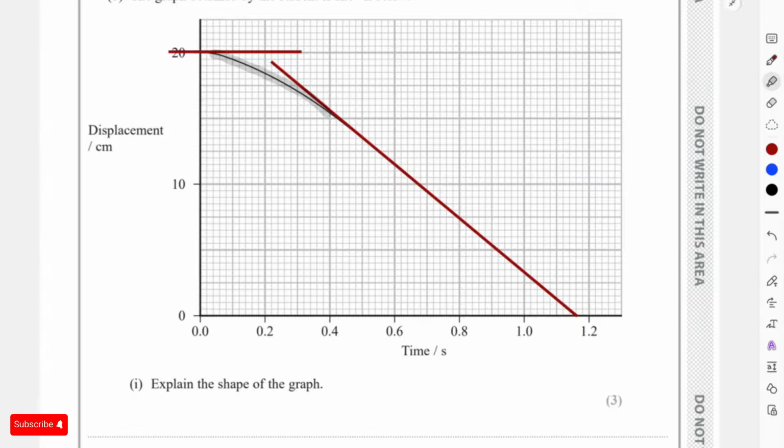That causes its velocity to change. But after 0.4 seconds, the object goes to constant velocity, where all the forces are balanced. Because of the acceleration, the velocity was increasing. At this point, the drag was also equal to its weight, right? That's why all the forces got balanced and the object reached terminal velocity, and from this point onwards the object fell to the ground with terminal velocity, right?